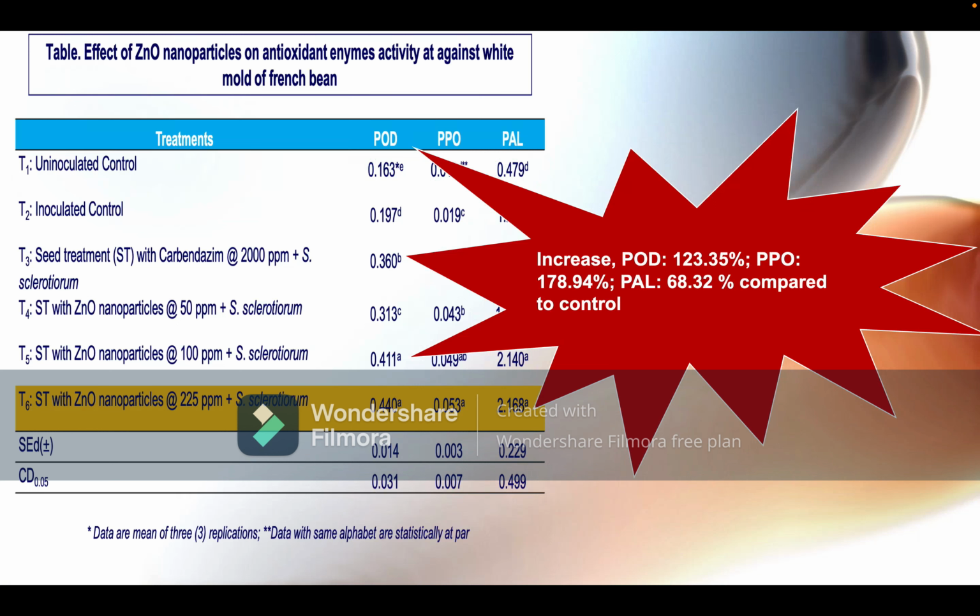There was a positive effect on the enzymes like POD, which was found to be increased around 123.35%, then PPO around 178.94%, PAL 68.32%, as compared to the control.